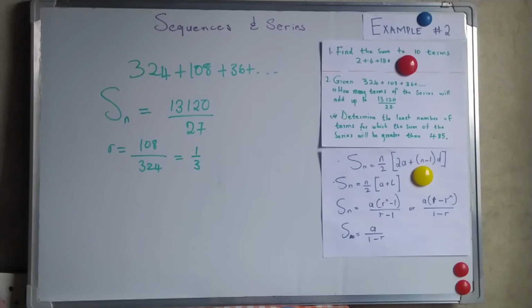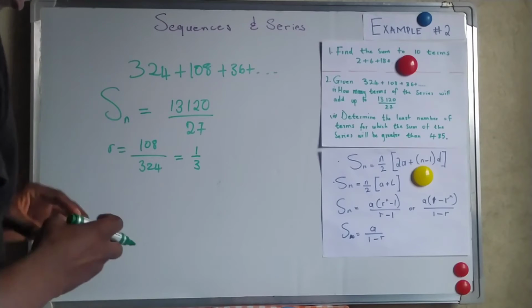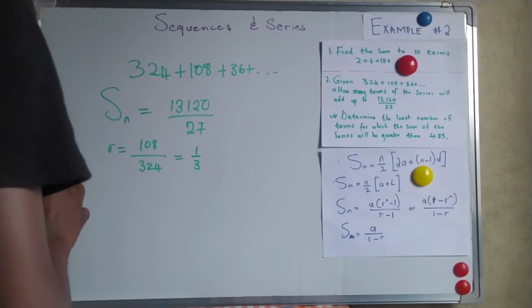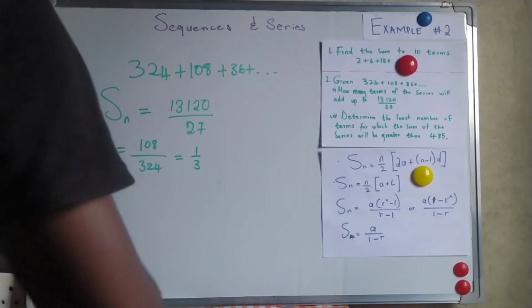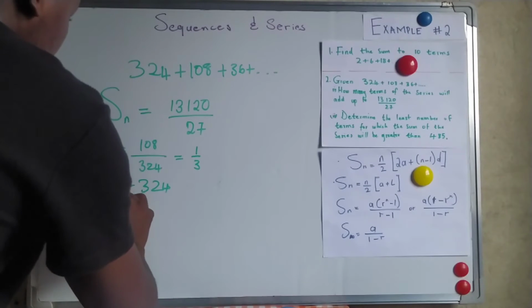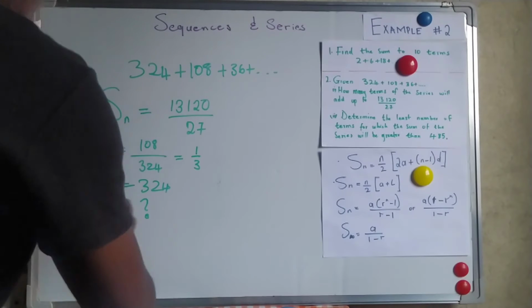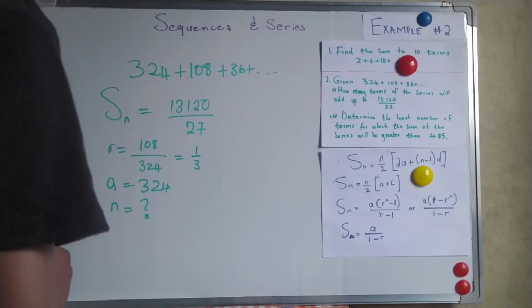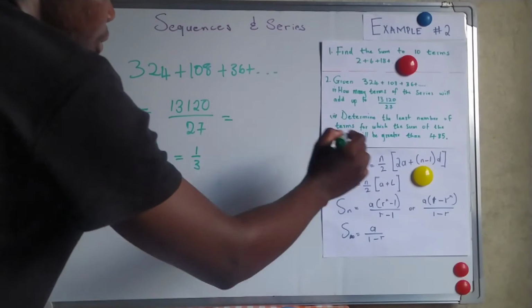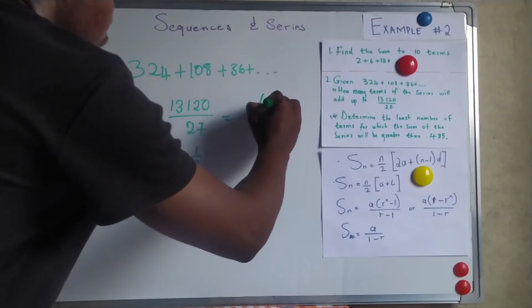So if it's 1 over 3, which equation is suitable? The second one is suitable because r is less than 1. And also, what's our a? a is equal to 324. n is what we are solving for. Okay, so we can say Sn is equal to that precious formula of ours.